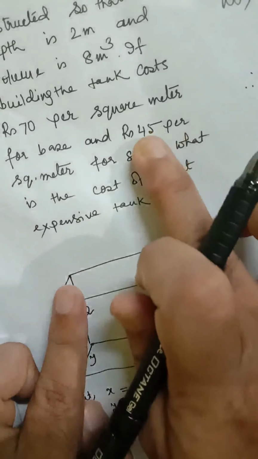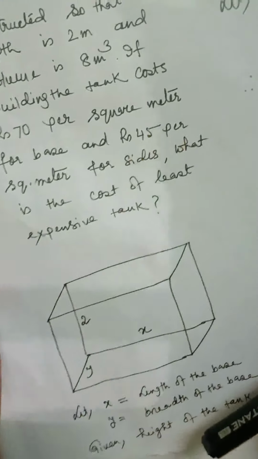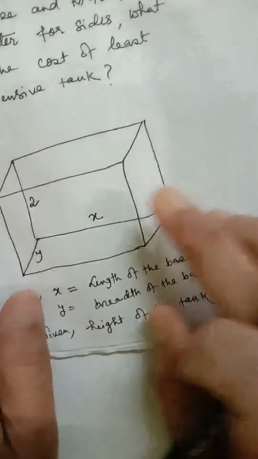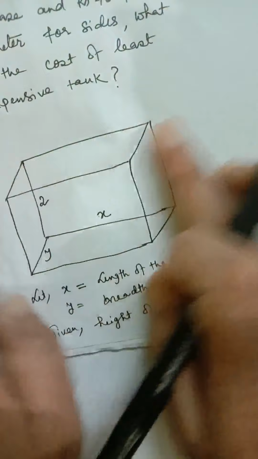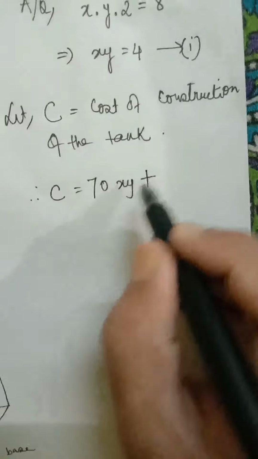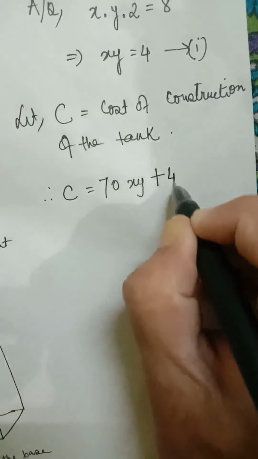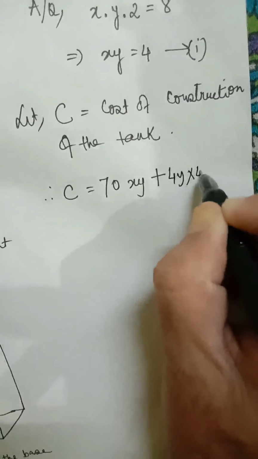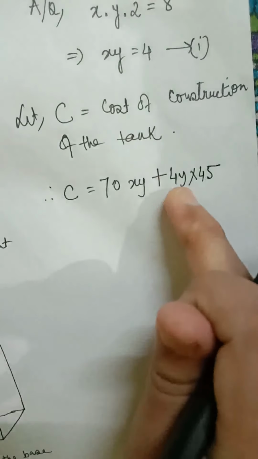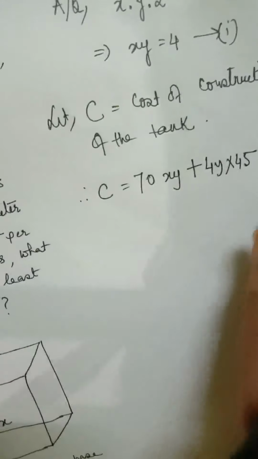And what is the cost of construction? Rupees 45 per meter square. So for these two sides, cost of construction will be 4y into 45.